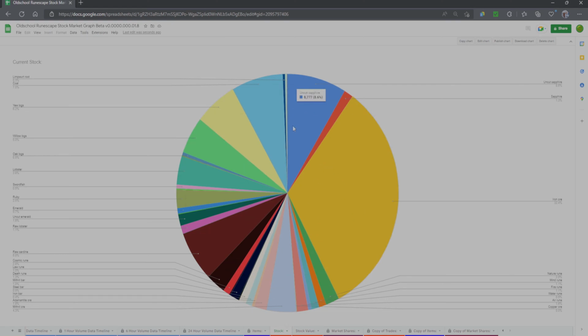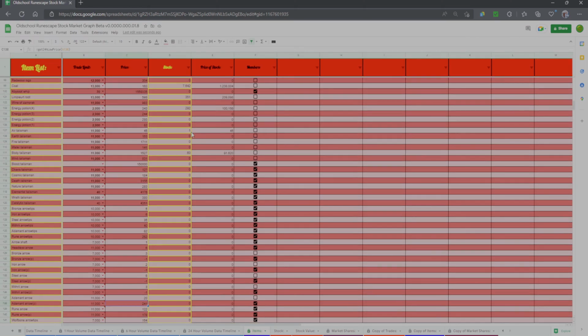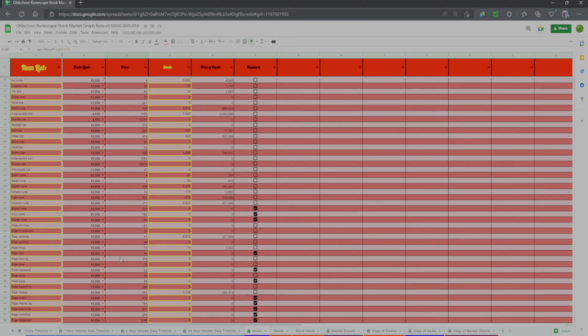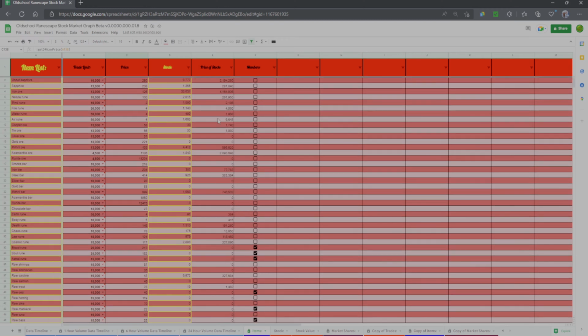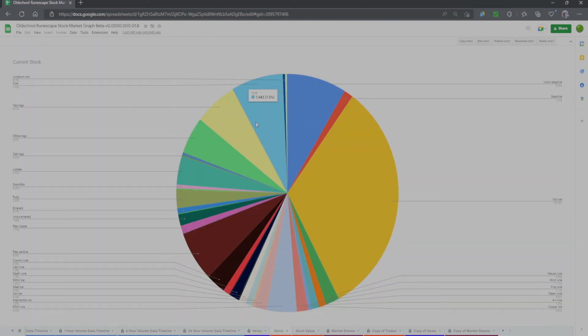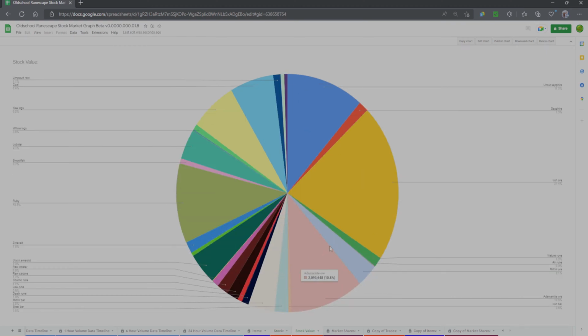Here's the stock chart. So if you put in for the items what your stock is, and then you drag the prices down, you'll get the total price of all your stocks. So that'll tell you how many stock you got, and then this will tell you the total price of the stock.